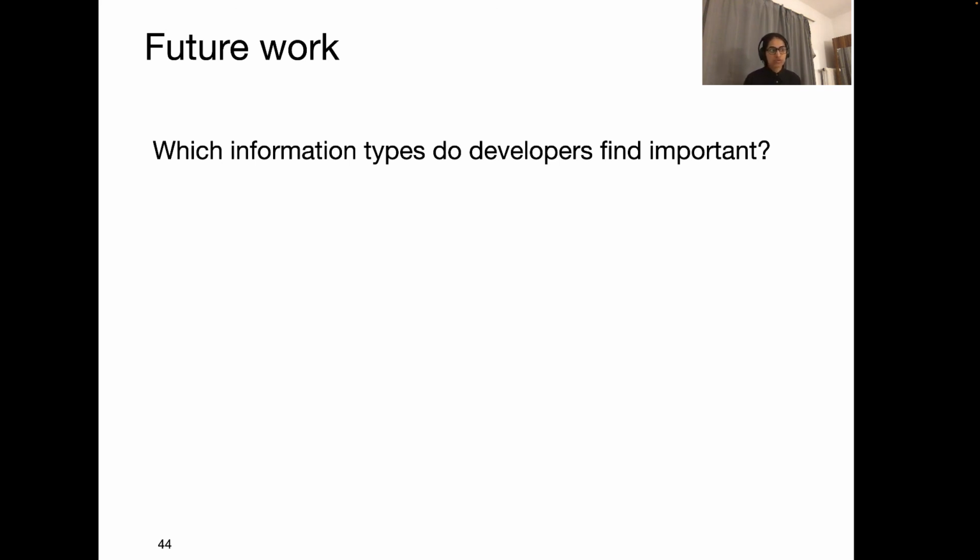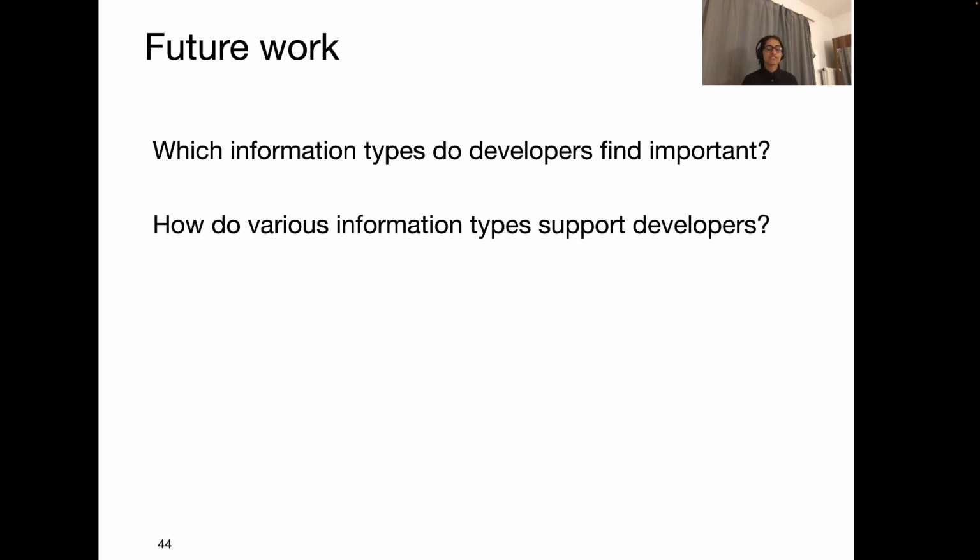There would be some information types which will be important for some developers, while others might not find them useful. So depending on what kind of developer is working with comments, we can recommend they write other missing types. Also, how do various information types support developers in particular tasks?